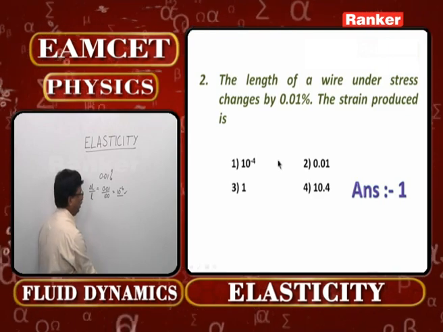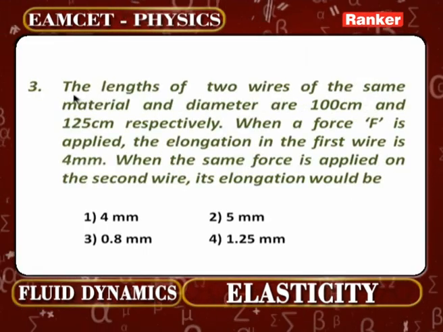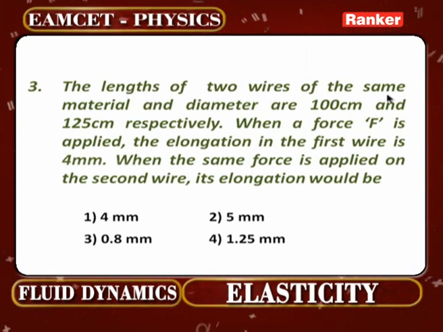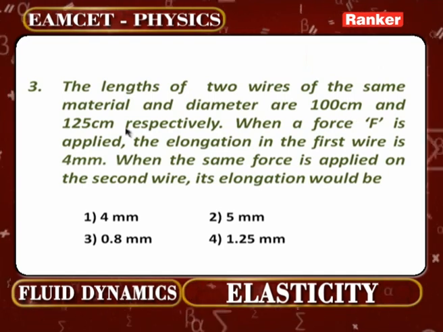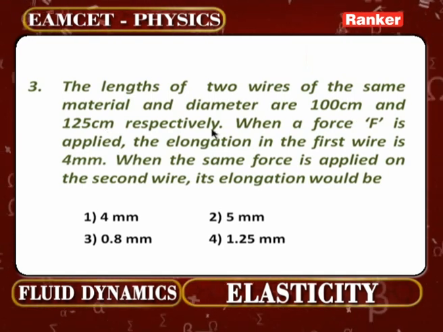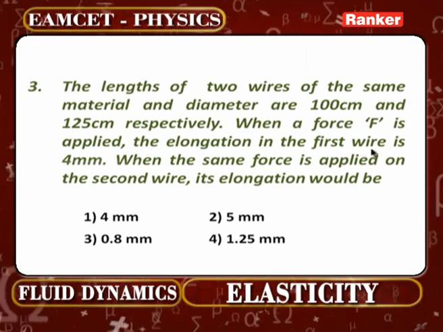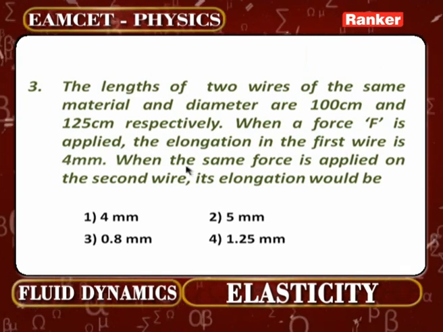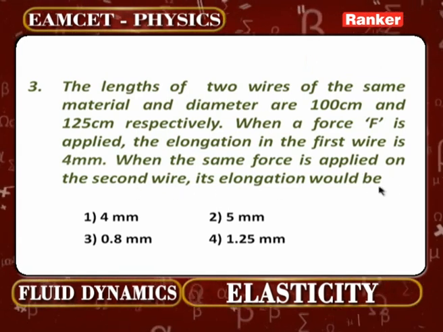Now, let us come to the next number, that is problem number 3, whatever we are having. The lengths of two wires of the same material and diameter are 100 centimeter and 125 centimeter respectively. When a force F is applied, the elongation in the first wire is 4 millimeter. When the same force is applied on the second wire, its elongation would be how much?